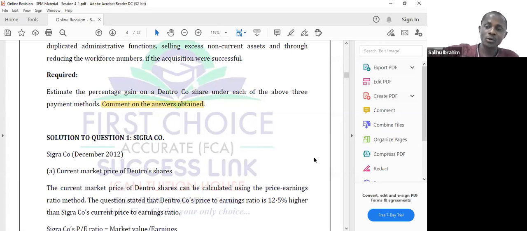While for Sigraco, like in the share for share exchange, it does not involve cash payment. However, if the debt is a convertible debt, then it's a hybrid financial instrument. Therefore, it can create a potential dilution of earnings should the debt holder decide to convert the debt to shares in the future.